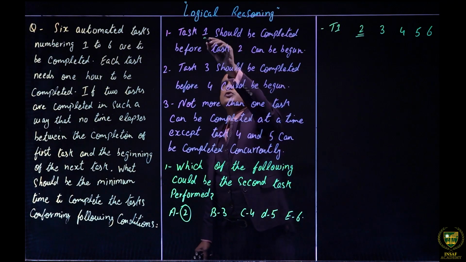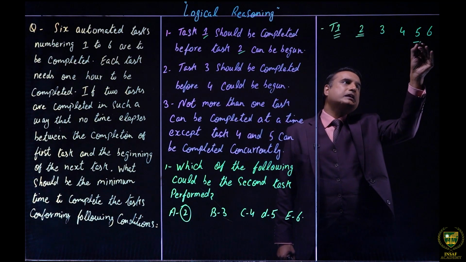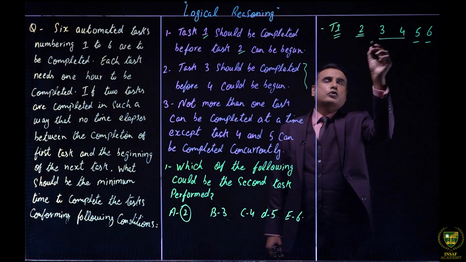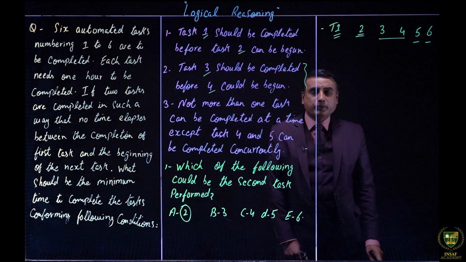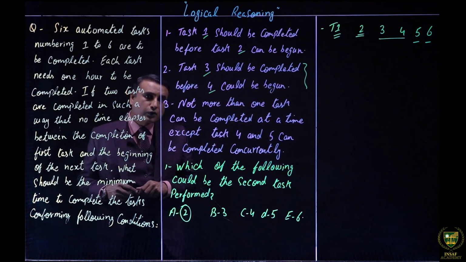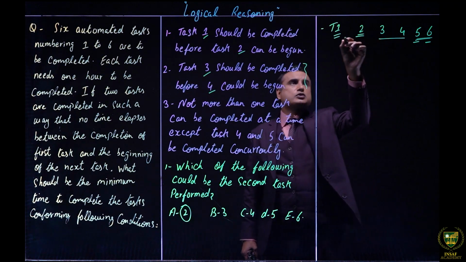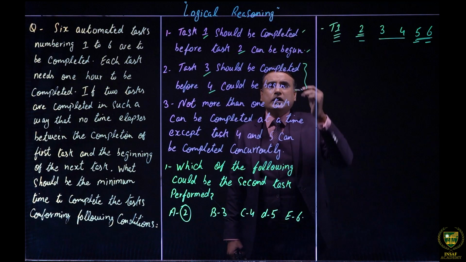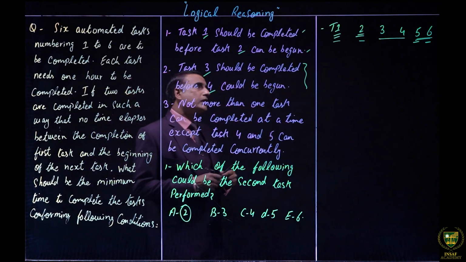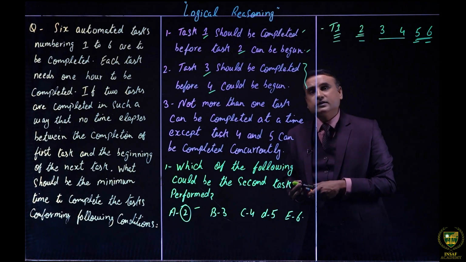Because one should be performed before 2. तो हर हाल में जो टास्क 1 है उसको तो पहले आना चाहिए यहाँ. अगर हम उसको यहाँ भी लेके जाते हैं तो फिर 3 और 4 की कंडीशन, इट विल बी वायलेटेड. और 3 और 4 को, ऑब्वियसली 3 and 4 should be performed according to the second condition, that 3 should be performed before the 4th task could be begun. तो अगर इसको हम यहाँ लेके आते हैं तो हमारी फर्स्ट 2 कंडीशंस दे विल बी वायलेटेड. सो इट इज़ वेरी कन्वीनियंट, वेरी इजी कि हमारे लिए करेक्ट ऑप्शन इसमें ऑब्वियसली आवर option alpha, that the second task should be performed at the second place.